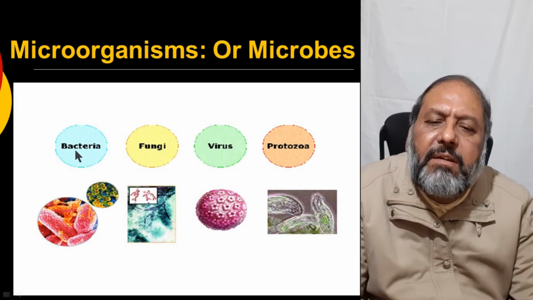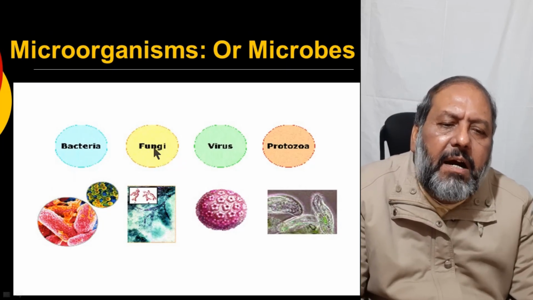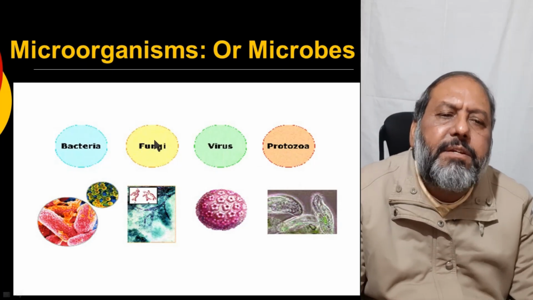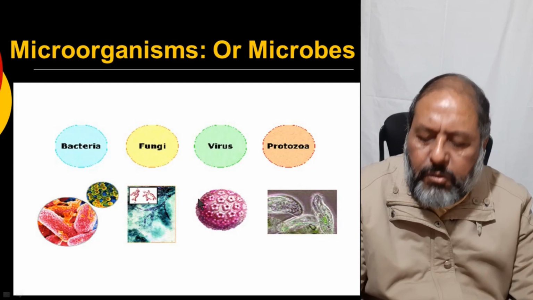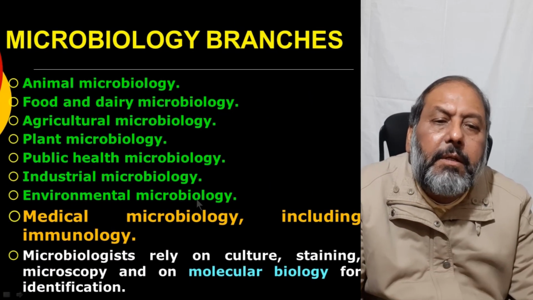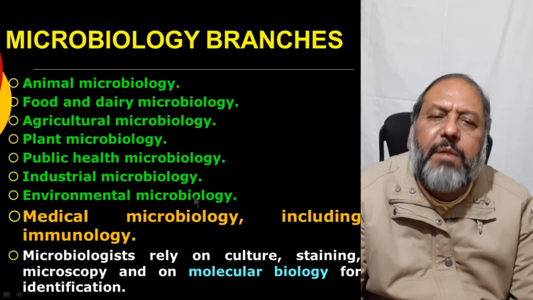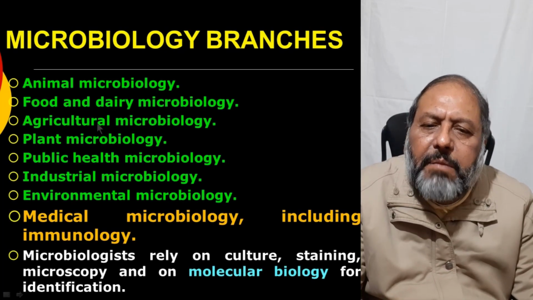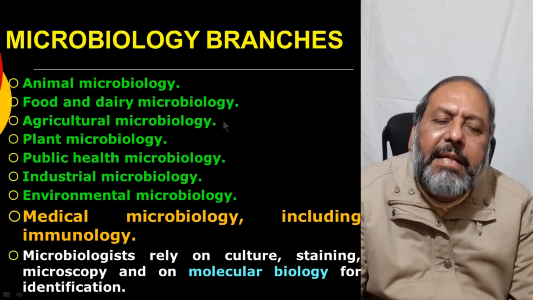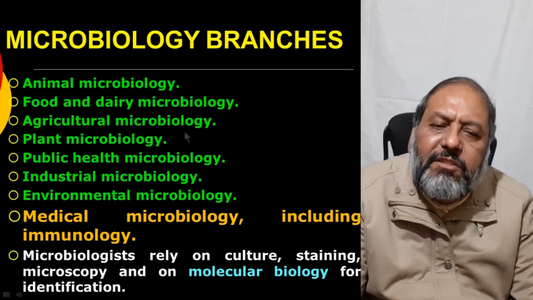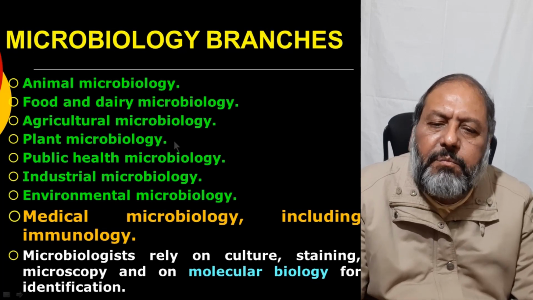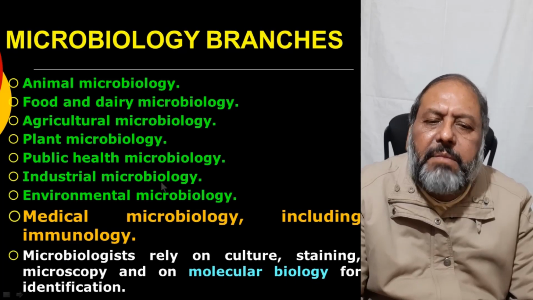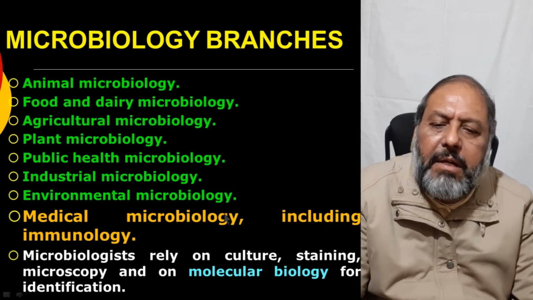As one can see, the bacteria, the fungi, the viruses, and the protozoa are all included under the heading of microbes or microorganisms. Microbiology has different branches that can be studied separately. These are animal microbiology, food and dairy microbiology, agricultural microbiology, plant microbiology, public health microbiology, industrial microbiology, environmental microbiology.